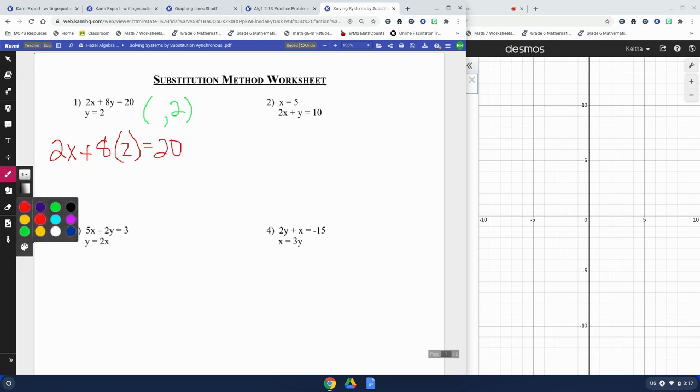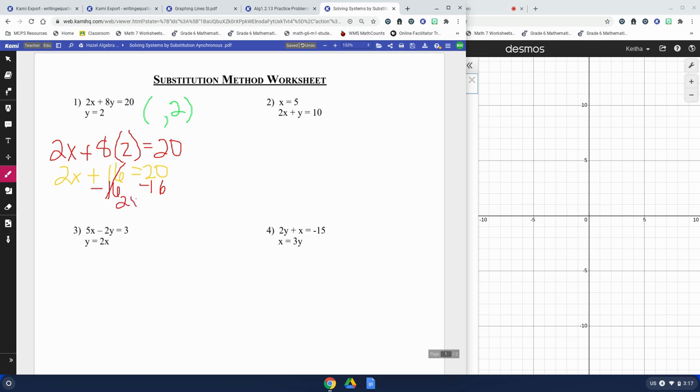Right? Now we simplify. So this is 2x plus 16 equals 20. Now we go ahead and solve this equation. We're trying to isolate the variable, we're trying to isolate x. So we need to do the inverse, which is minus 16, and do it to both sides.